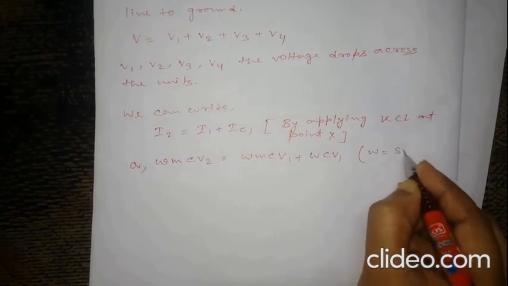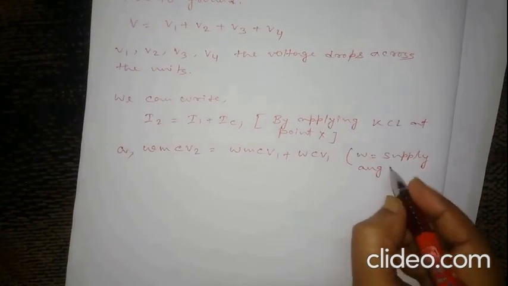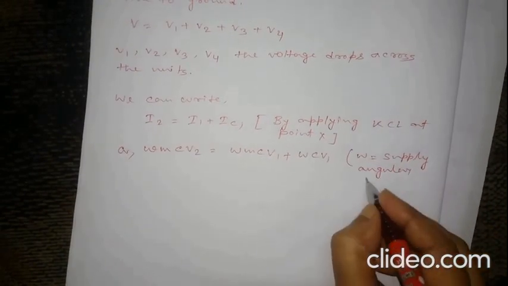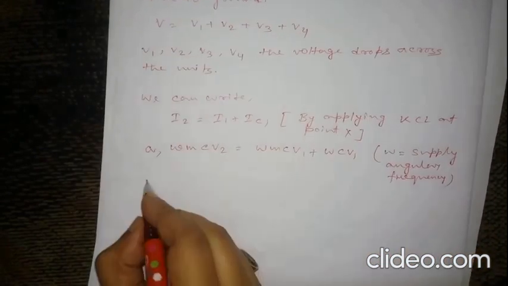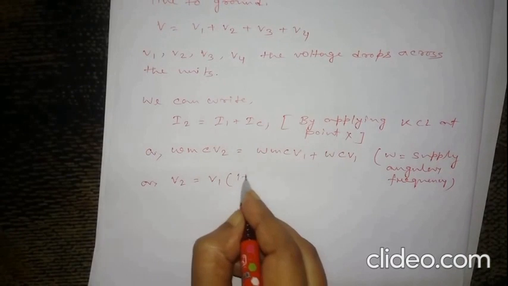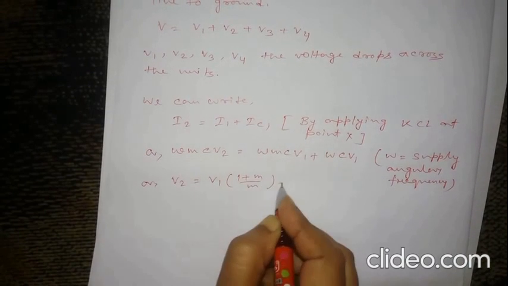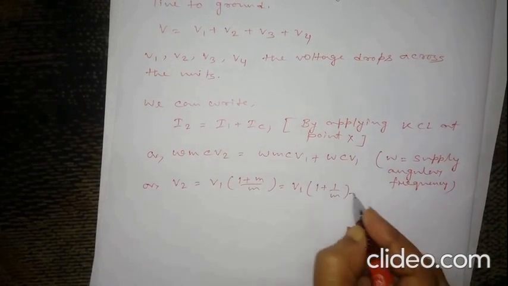Omega equal to supply angular frequency. So we can write V2 equal to V1 into (1 plus M) by M, or V1 (1 plus 1 by M). This is equation 1.